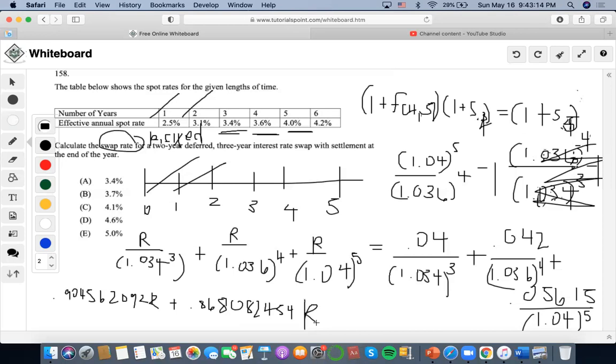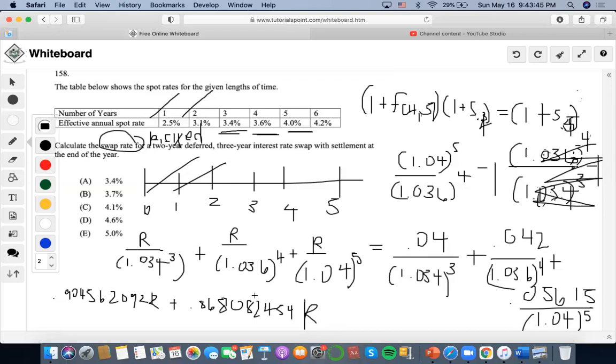R plus 1 over 1.04 to the 5, it's going to be 0.819271107, and then I'm going to add these two, plus 0.868082454 plus 0.904562092, right?